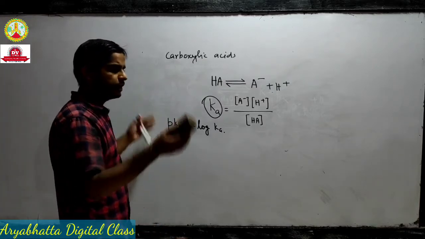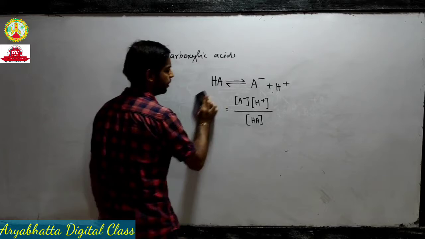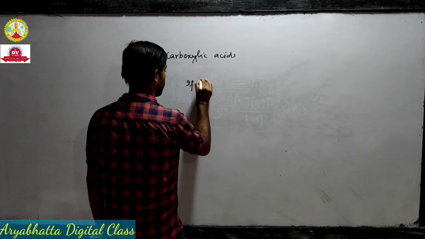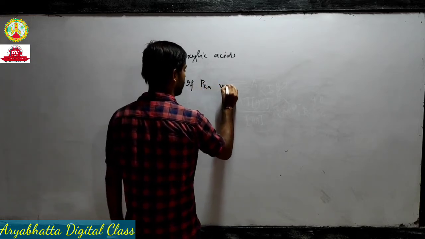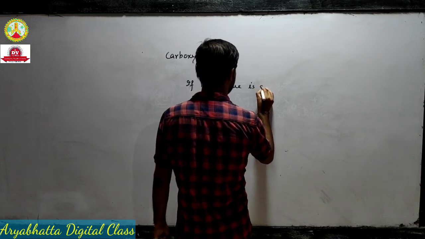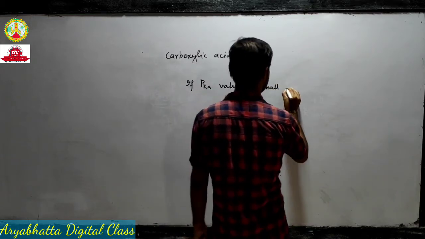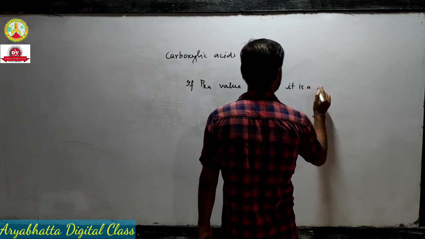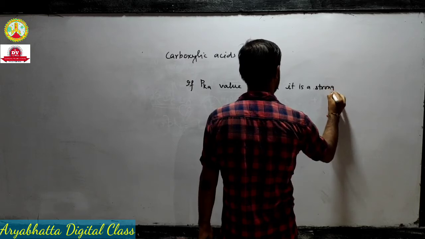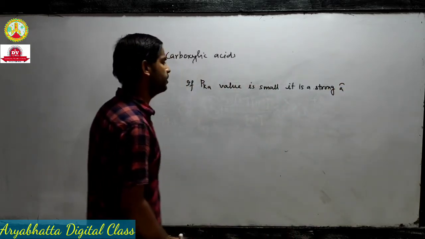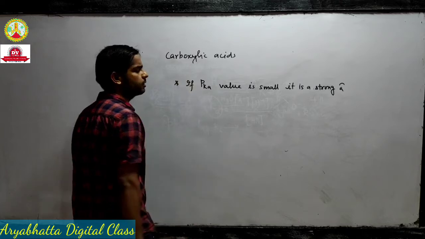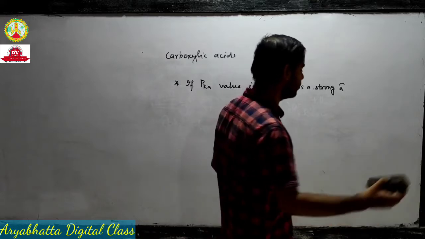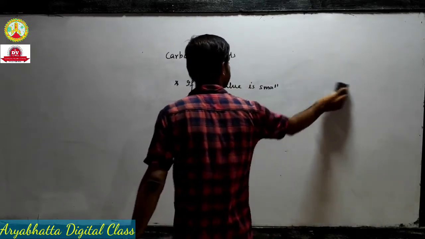I will not go into the detail, I will just tell you that if the pKa value is small, it is a strong acid. We will consider an acid to be strong if its pKa value is small. If the pKa value is high, then it's weakly acidic.